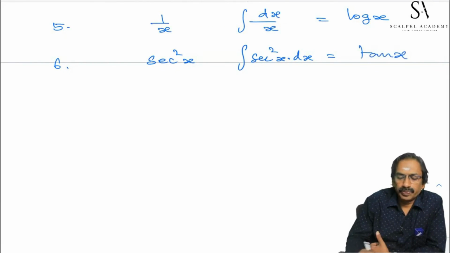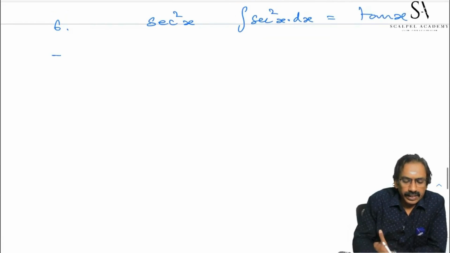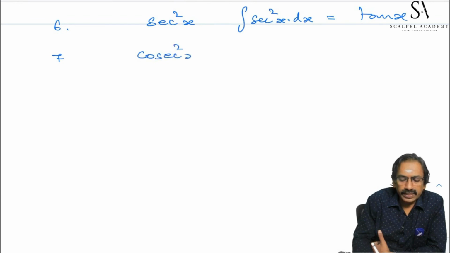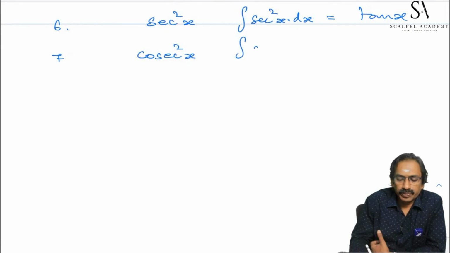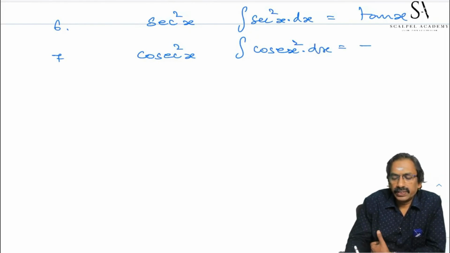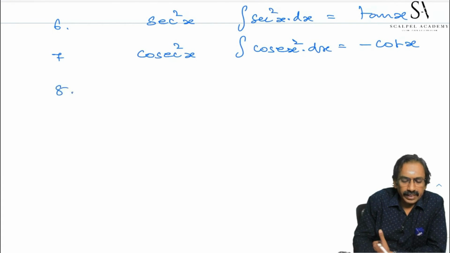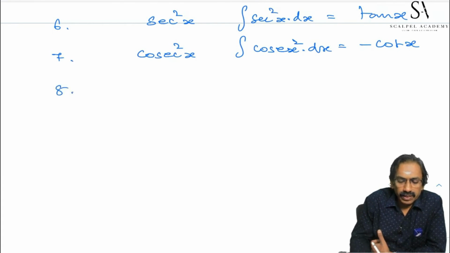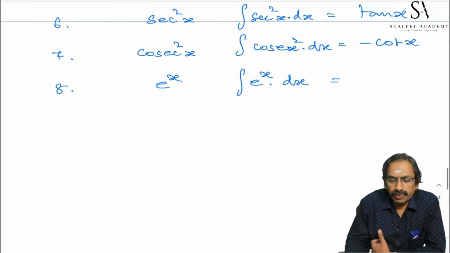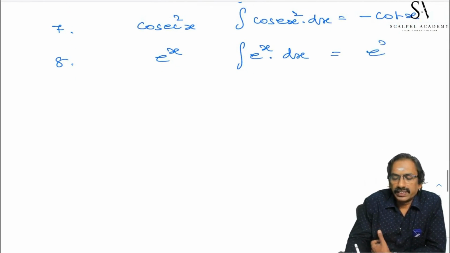Integral cosecant square x dot dx is equal to minus cot x. f of x is e to the power of x. Then integral e to the power of x dot dx is equal to e to the power of x.